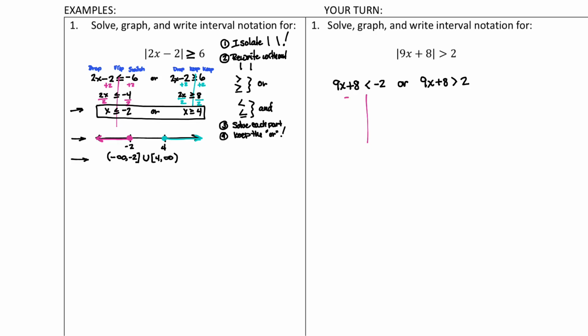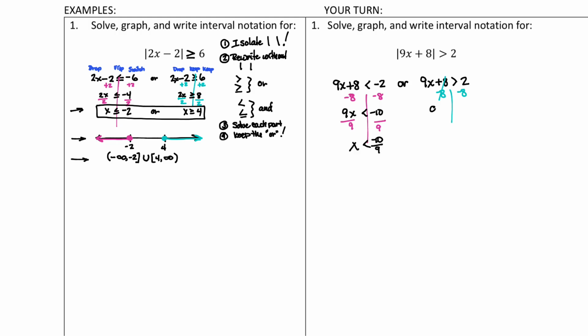So over here, minus 8 minus 8. So 9x is less than negative 10. Divide by 9, divide by 9. x is less than negative 10 ninths. Okay, other side. We're going to minus 8 on both sides.